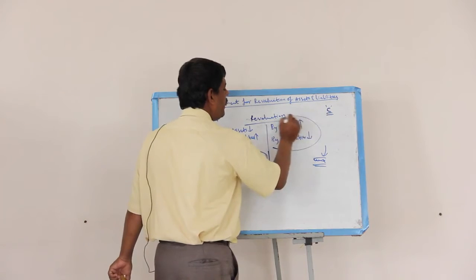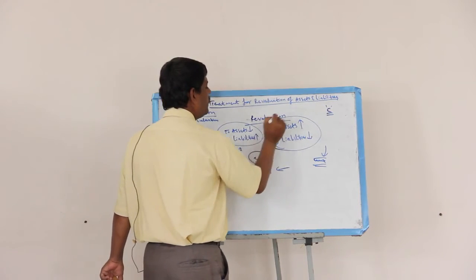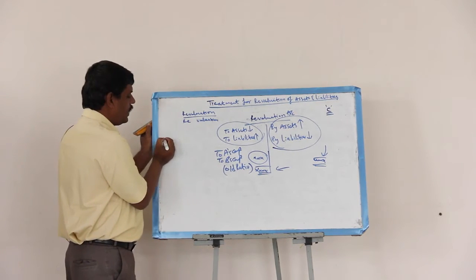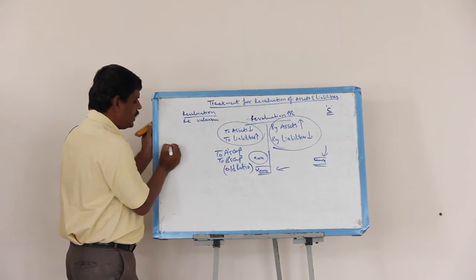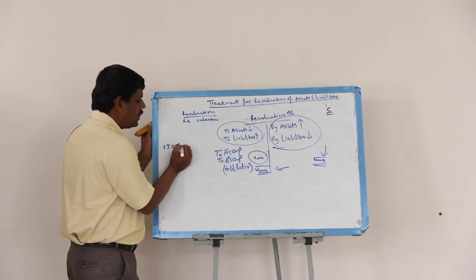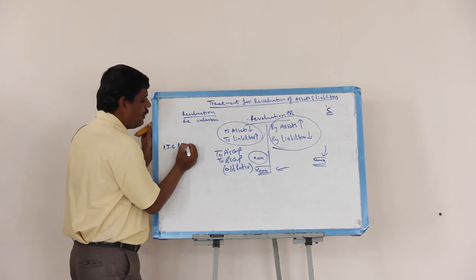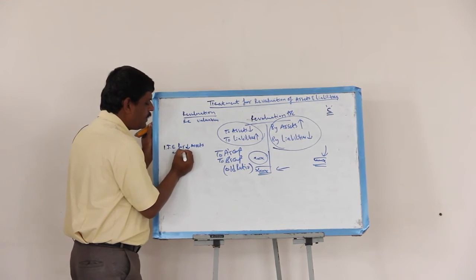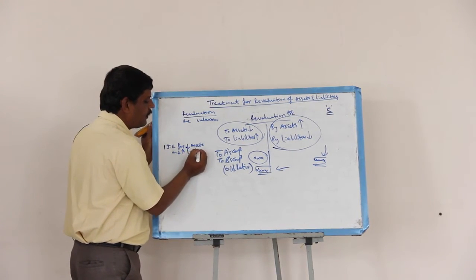So this is one entry we write, this is the other entry we write, revaluation account I say this one. The first entry we can write is the journal entry for decrease in assets and increase in liabilities.